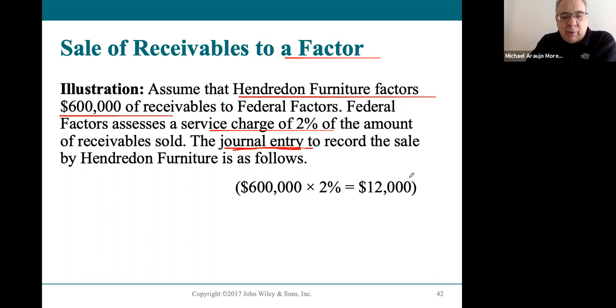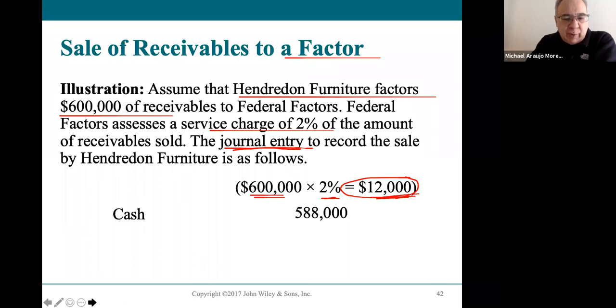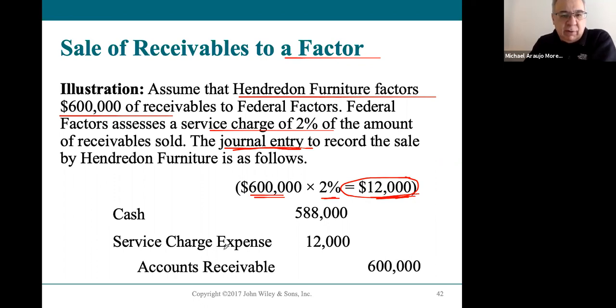Well, they sold $600,000 worth of receivables, but because they've agreed to a 2% service charge, they have given up 12,000 of that to Federal Factors. Federal Factors are going to give them the cash. That's the difference. So they're going to get a bunch of cash, but only 588,000. The 12,000 becomes an expense. And they're going to take away their 600,000 from receivables, and that's basically how they would raise cash, by selling receivables. Okay.